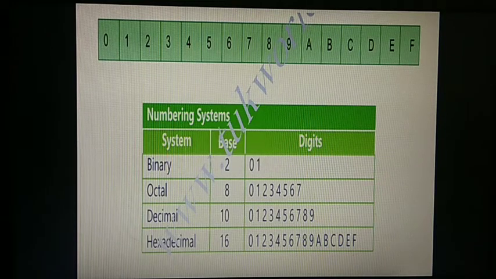So the total number of digits in hexadecimal is 16.